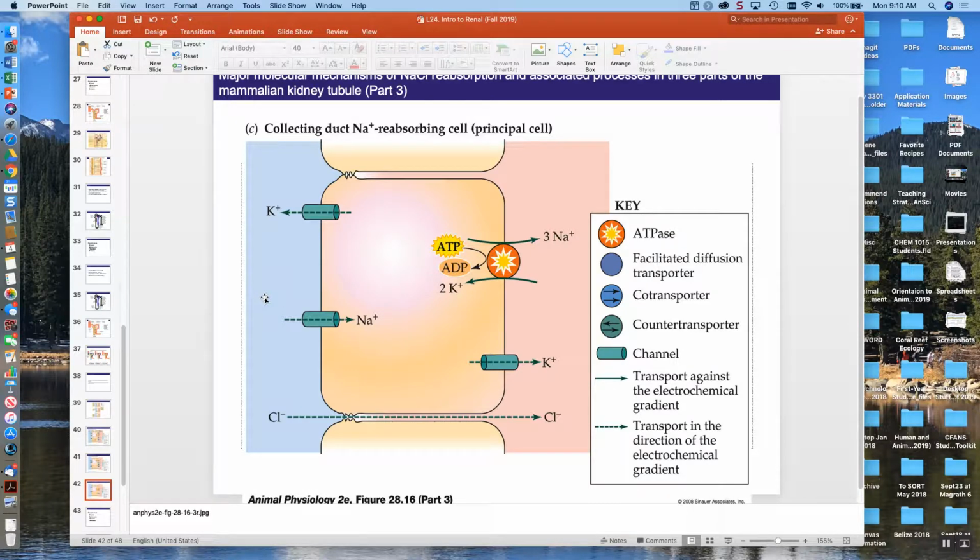The net movement is usually sodium across the transcellular pathway, which sets up a voltage gradient for chloride to follow across the paracellular pathway. So you're again reabsorbing all of these salts, sodium and chloride.